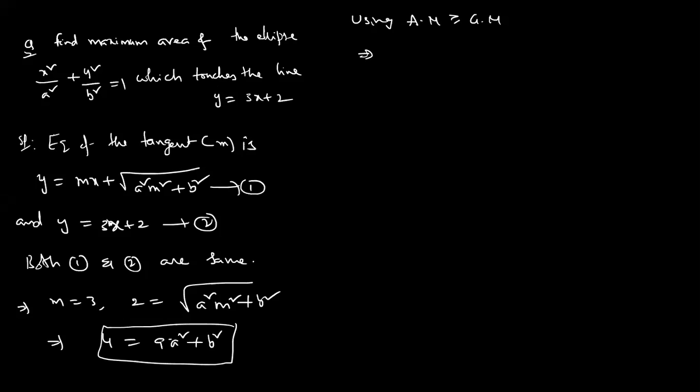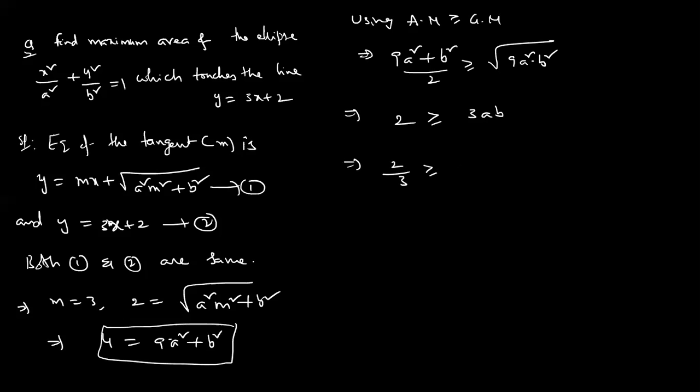So generally, what is the area of the ellipse? Pi ab. So convert into that format. So 9a square plus b square by 2 is greater than or equal to, dear students, 9a square plus b square, how much? 4. That is 2. So this is 3ab. Clear? Now 2 by 3 is greater than or equal to ab, so 2 pi by 3 is greater than or equal to pi ab.